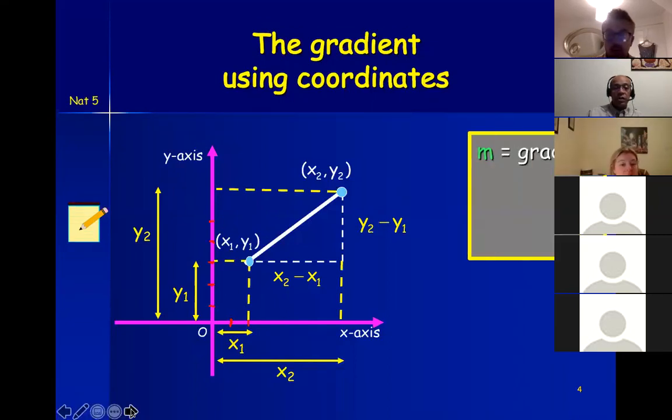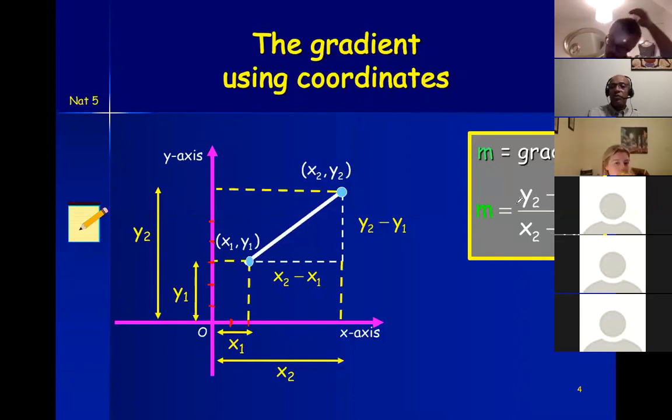So the gradient is a formula that people usually learn by heart, but you can find it back if you can plot your points and you know what a gradient is. It's vertical divided by horizontal. You'll hear a lot of students just tell you, oh, gradient m is just y2 minus y1 divided by x2 minus x1. But if you know where it comes from, I can guarantee you've got more chance to remember it than learning it by heart.